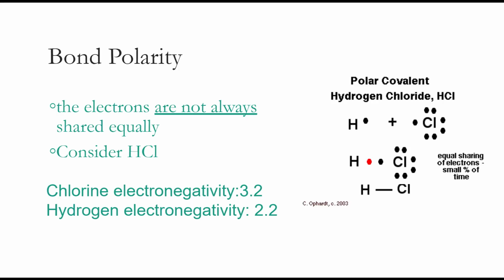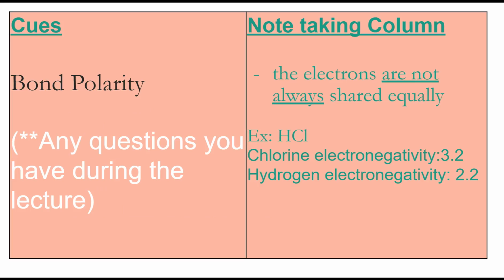If we use hydrochloric acid, or hydrogen chloride, HCl, as this example, chlorine has an electronegativity of 3.2 and hydrogen has an electronegativity of 2.2. That difference is not big enough for the chlorine to fully pull the electrons all the way off. They're still going to be shared. However, the chlorine is a little greedy and is pulling electrons further towards itself. So here's what you should write down for that slide.